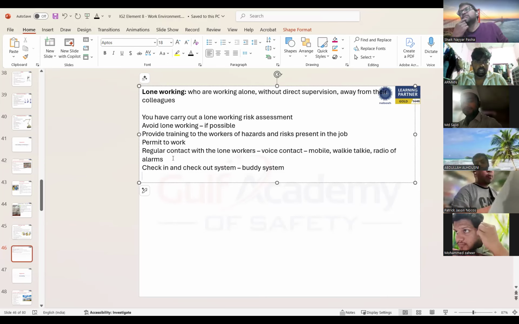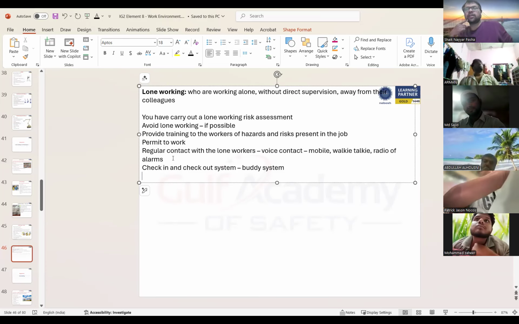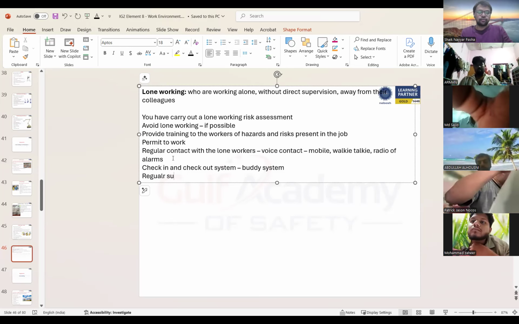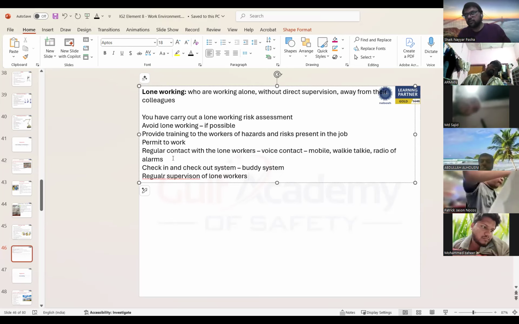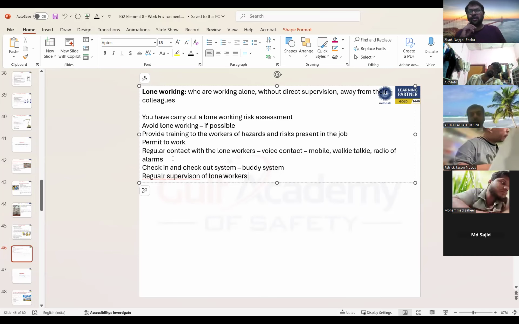Or you can also install motion detection cameras or sensors, so that if no motion is detected from a lone worker, it can immediately raise an alarm, or arrange regular supervision of lone workers. Provide PPE, which is the last option again.